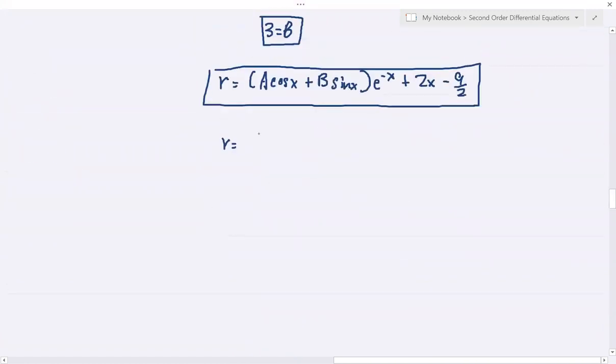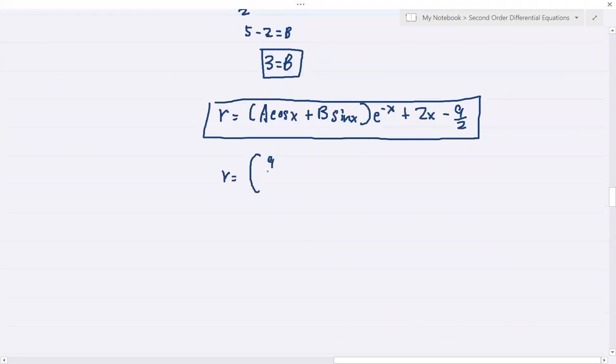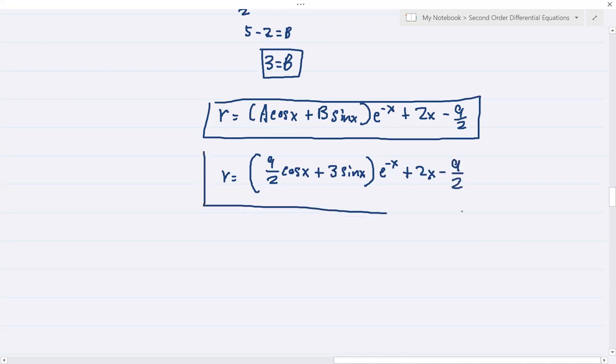So we will have quantity 9 all over 2 times cosine x plus b, which is your 3, times sine x times e raised to negative x plus 2x minus 9 all over 2. And that is now your particular solution.